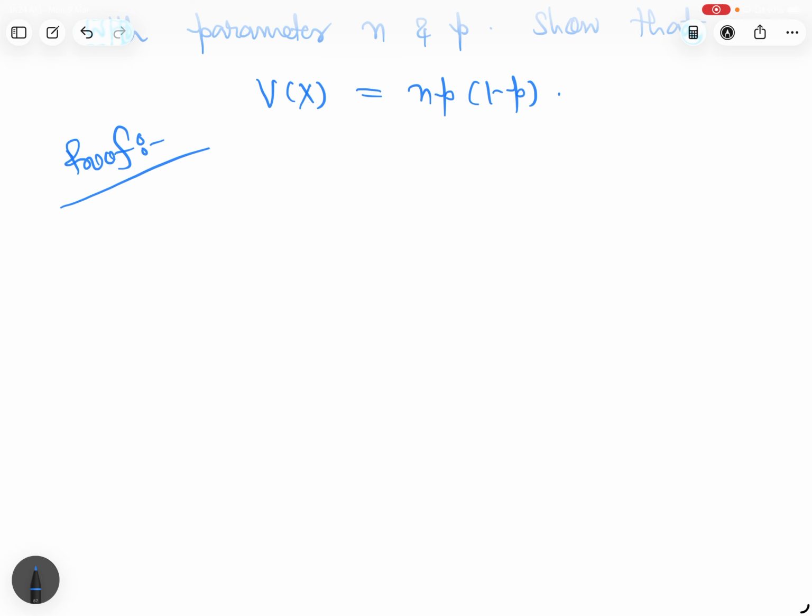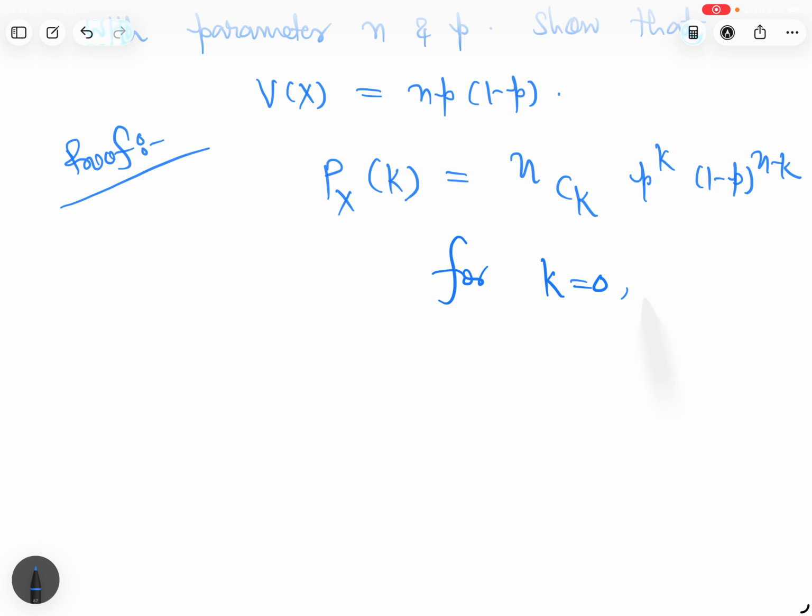So what is the probability mass function for the binomial distribution? It is nCk p raised to k into (1 minus p) raised to n minus k, for k going from 0, 1, up to n.